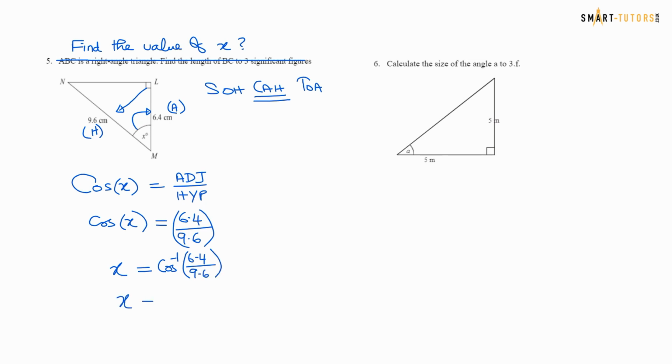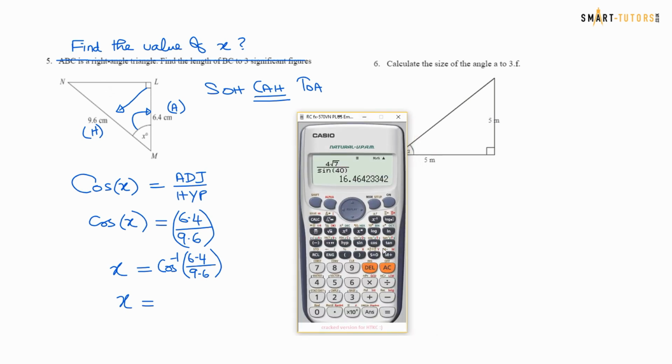On the calculator, shift cos inverse of 6.4 over 9.6.